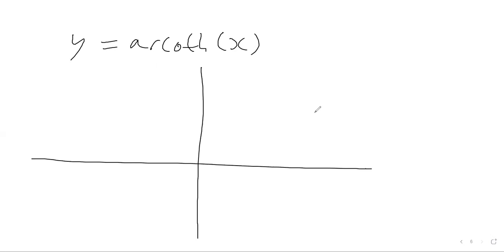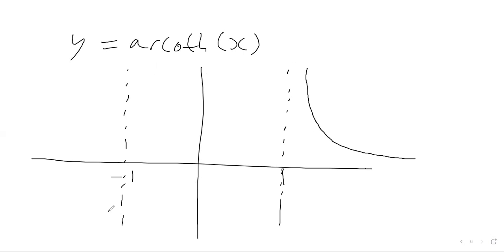So the y equals arcoth function kind of looks something like this. You've got asymptotes at 1 and asymptote negative 1, and a graph that does something like this, roughly.